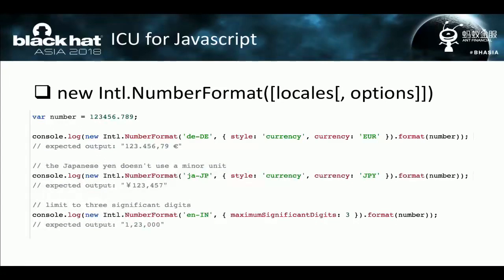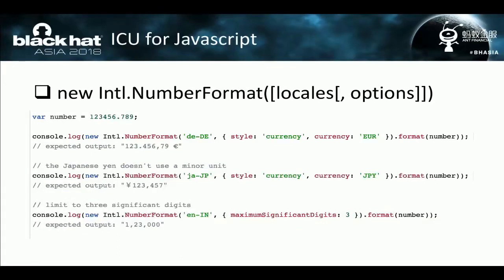After the format function is called, we can see the output number is in German format. German uses a comma as a decimal separator and a period for thousands. And the EUR determines the output is in Euro format.